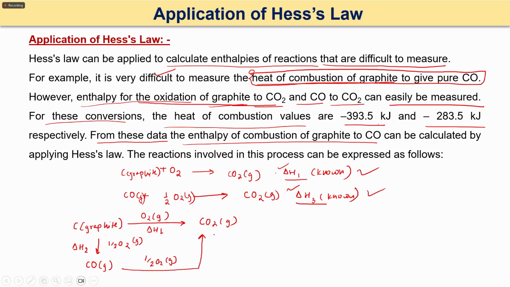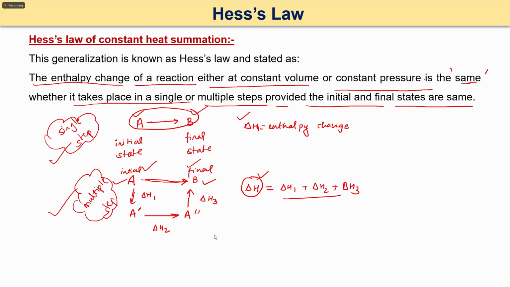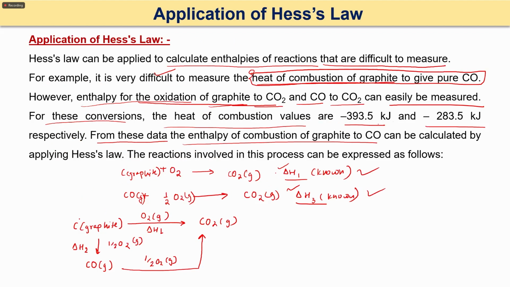I have told you earlier that the enthalpy change of a reaction, using this law, is the same whether it follows a single step or multiple steps, provided the initial and final states are the same. Here the initial state is C and the final state is CO2.